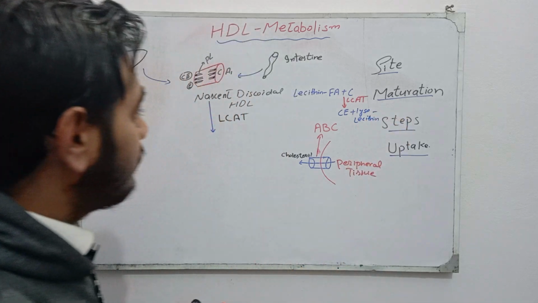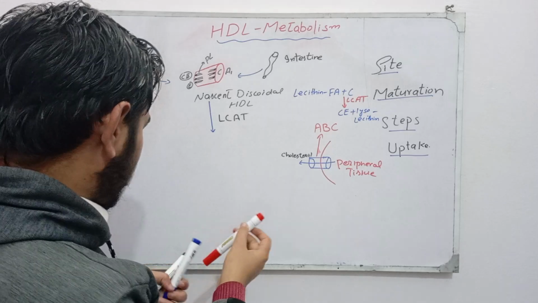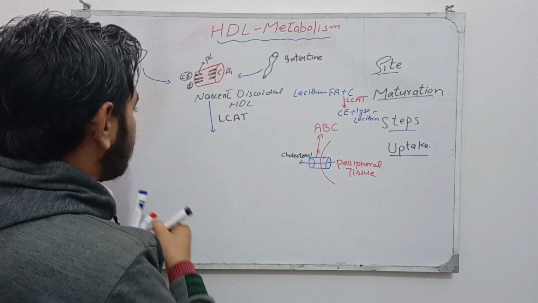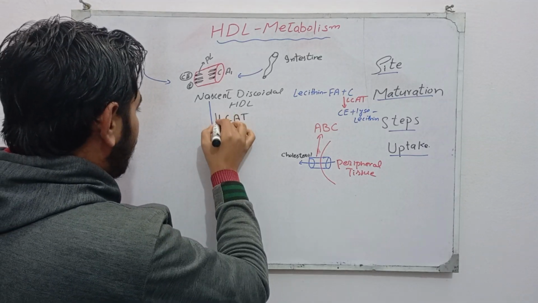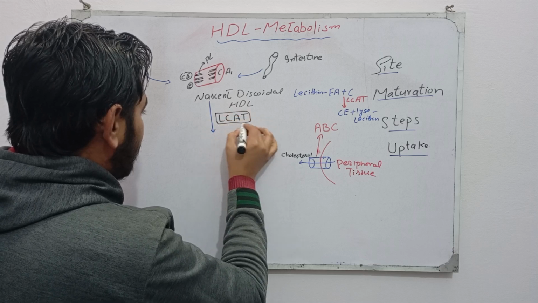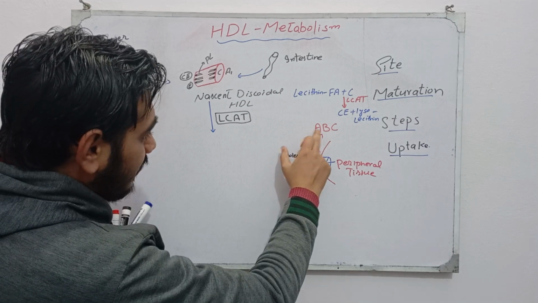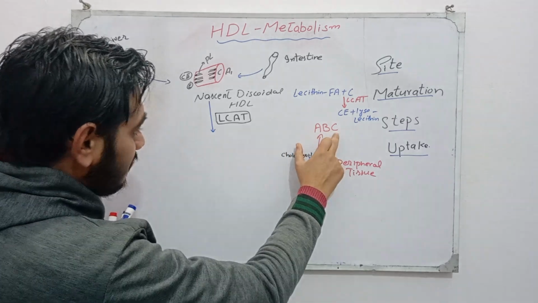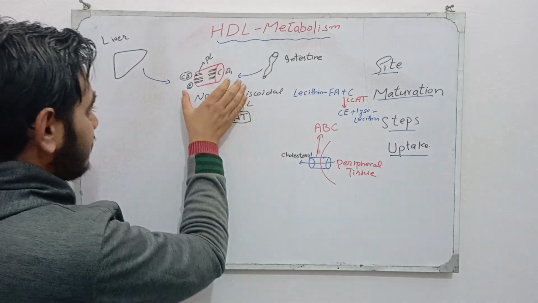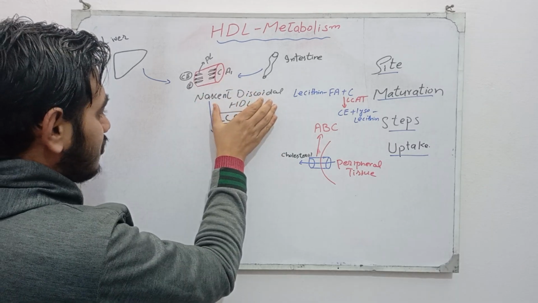Okay, students, in this way lecithin cholesterol acyltransferase enzyme performs its work. Here is a transfer of cholesterol with the help of ATP binding cassette transporter protein, and this cholesterol gets attached to this nascent discoidal HDL.